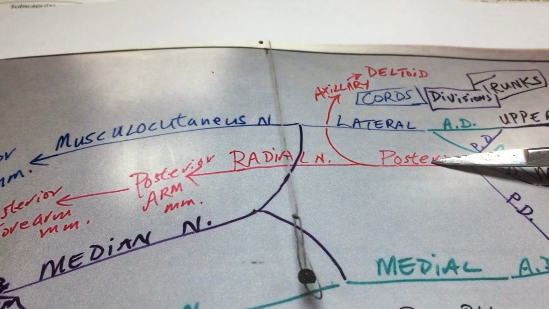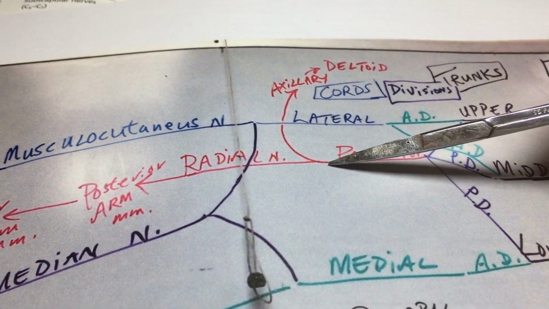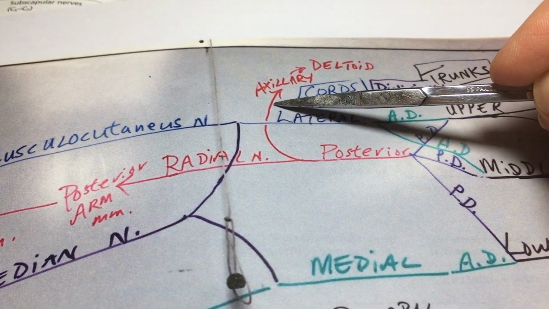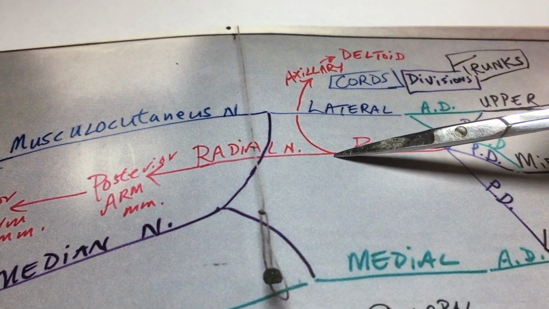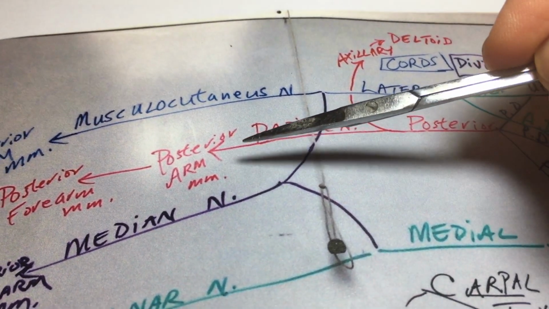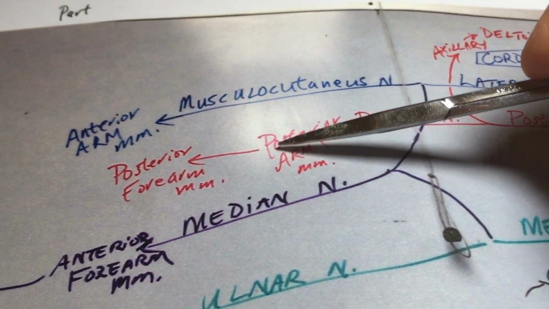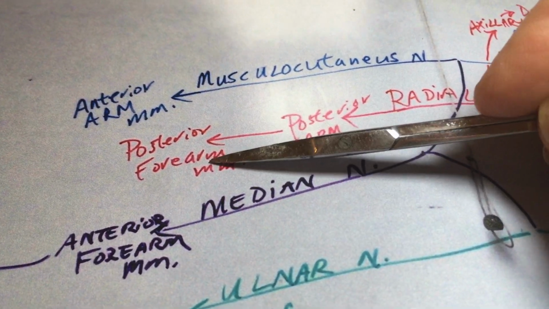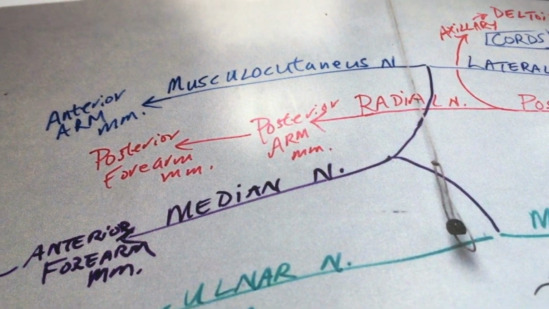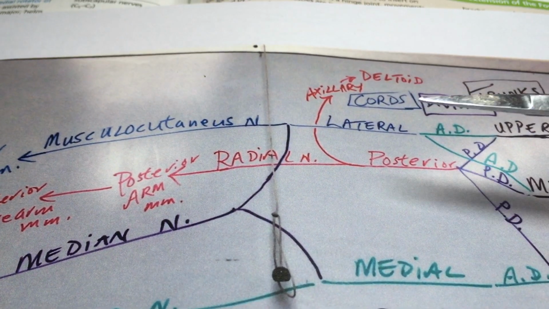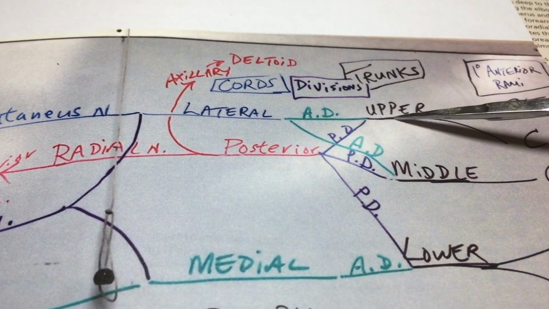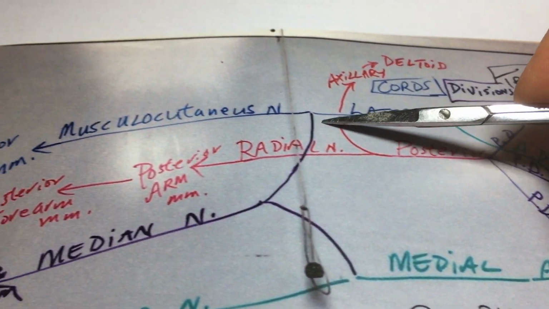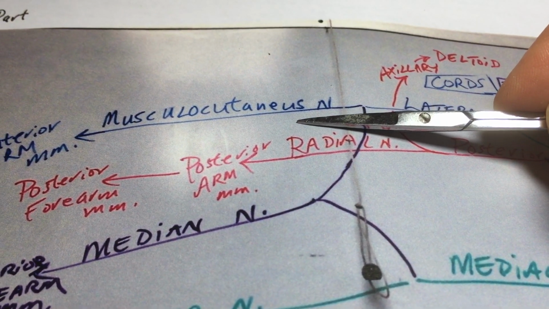The posterior cord is simple because it branches. As it branches, it forms the axillary, which does deltoid. It forms the radial, which does posterior arm and posterior forearm, and then it ends. And then the lateral, coming off of the upper and middle here, is going to become the musculocutaneous.